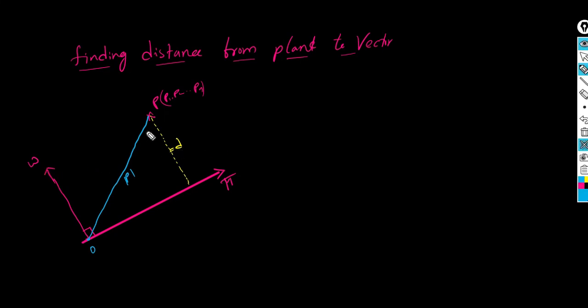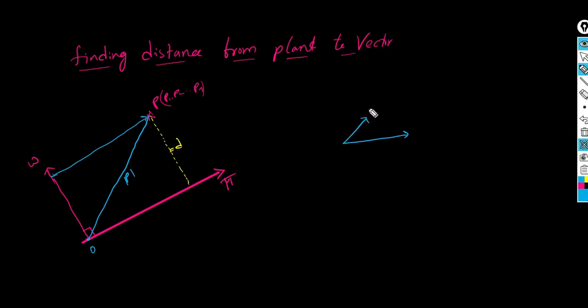Let's draw a line to here. This looks like a vector, and this is also a vector. It looks like the projection of point P on W. I will show it to make it clear.